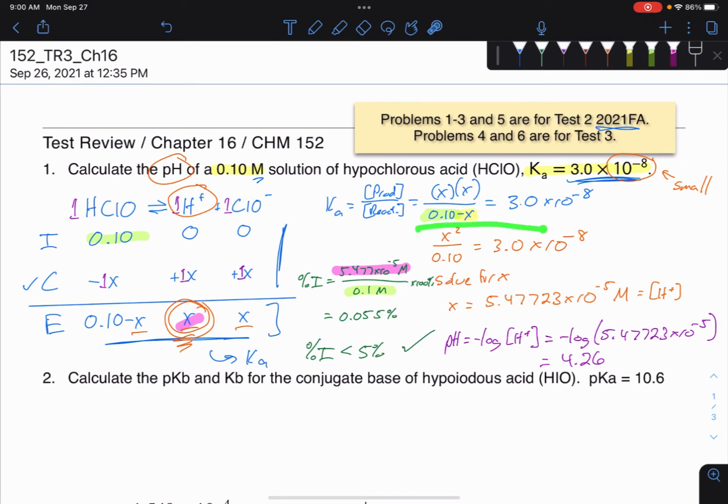In the other case, there are just formulas where you can plug in this expression and it'll solve for X, which is the root. Now, since the percent ionization is so small, whether you use the approximation or the exact solution, it's still going to be close to that 10 to the minus 5 value, and the pH is going to be close to that 4.26.